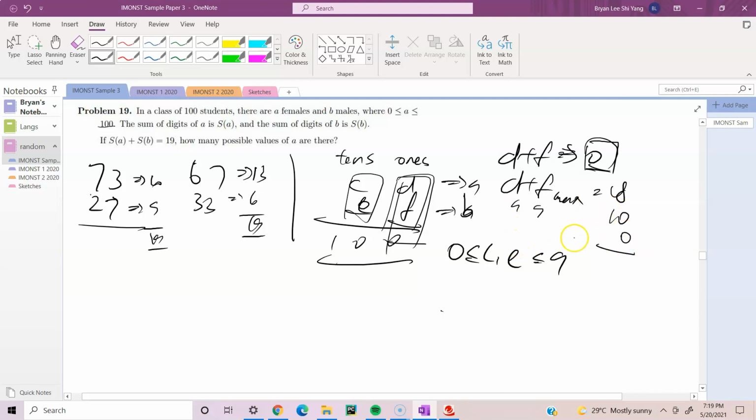So let's look at both of these cases. There are no other cases. Again, we need to divide this question into cases. Case 1: D plus F equals 0.